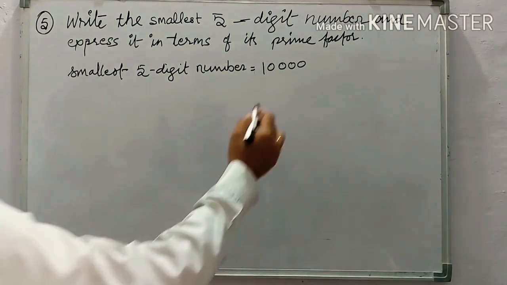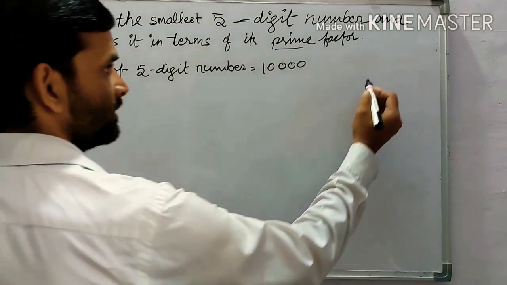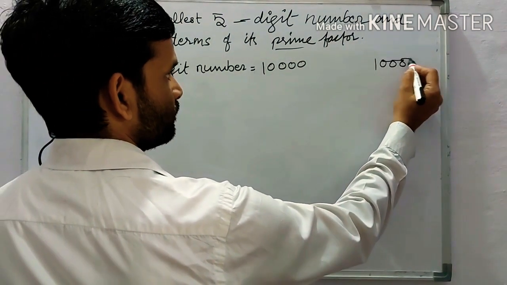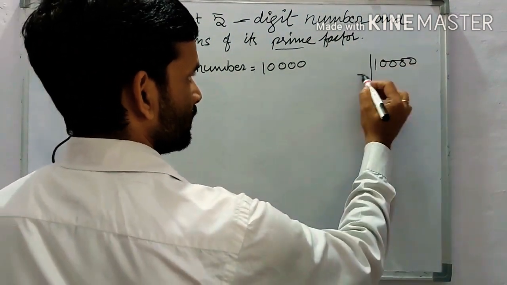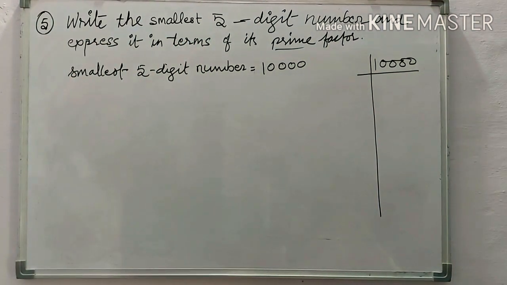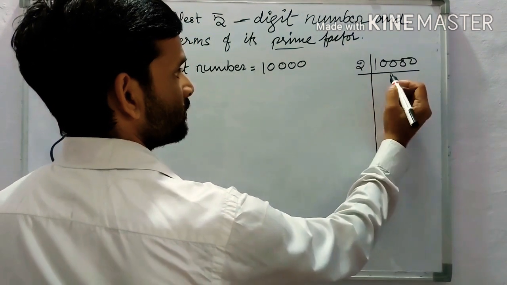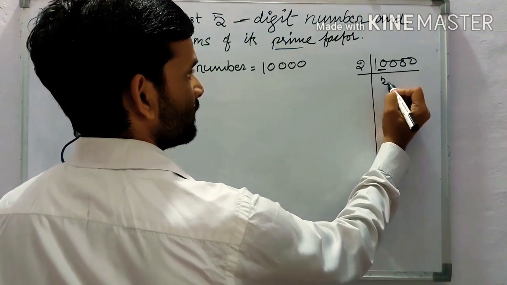And next we find the prime factors. Here it is the LCM method. It's called the prime factorization method. This method is called the prime factorization method, and in the previous class you learned that this method is LCM. Okay. Now first will be 2. 2 5s are 10.